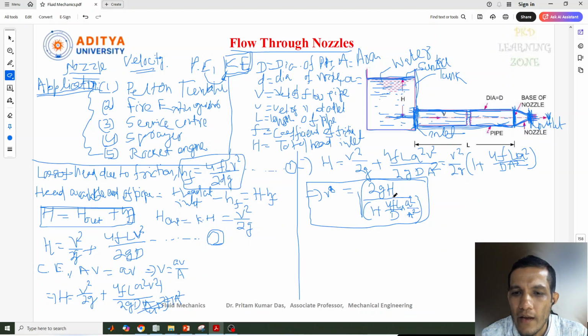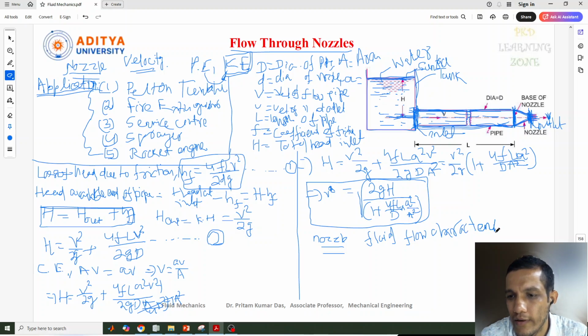And see, in this condition, why do we require this nozzle discussion? Nozzle discussion is actually very important to understand the fluid flow characteristics. So what is meant by fluid flow characteristics?